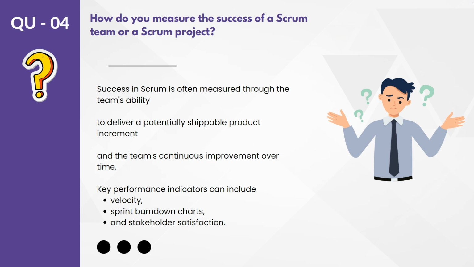So now we have data for three sprints: 20, 25, and 25. You take the average of these three, and that gives you the average velocity of your sprint. After these three sprints, you can say that on average your team can deliver this many story points per sprint. That is one parameter to measure your success.